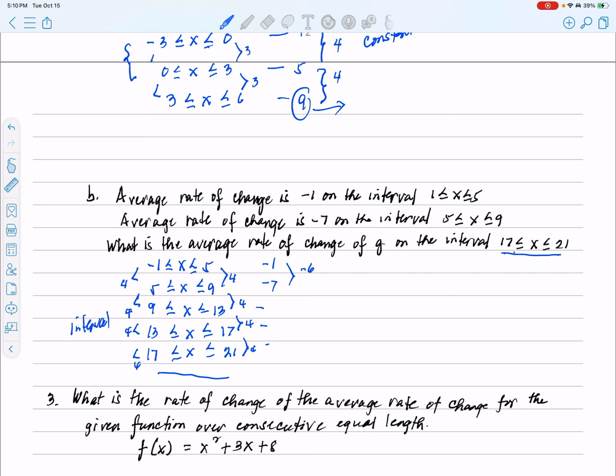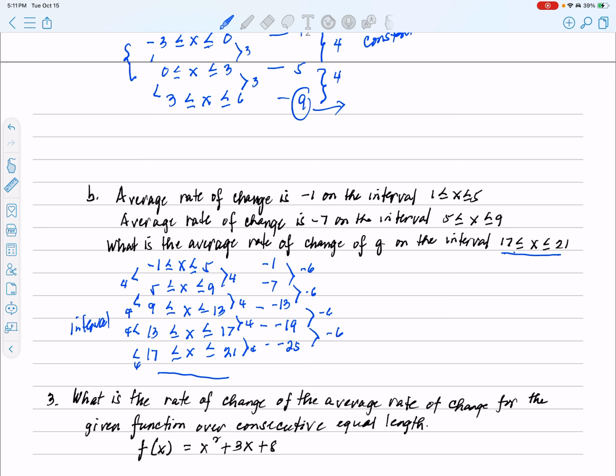So if you add -6, you have -7. How about another -6? That's -13. Then another -6, -19, right? Then another -6, you have -25.